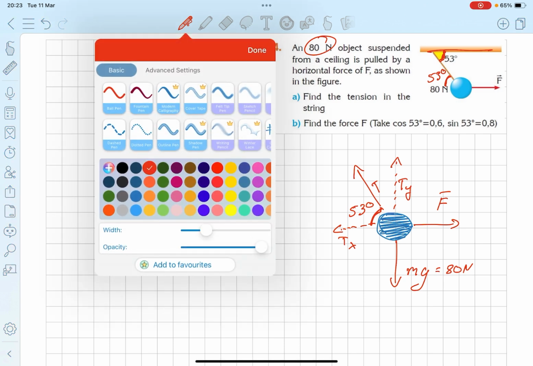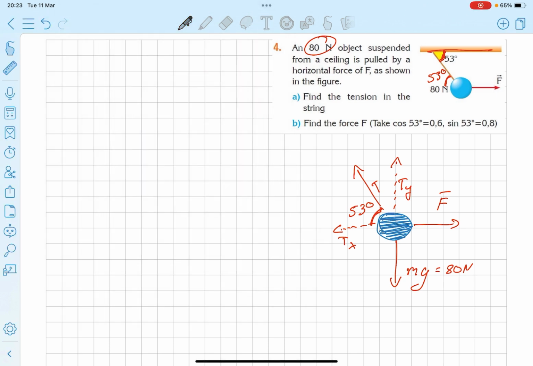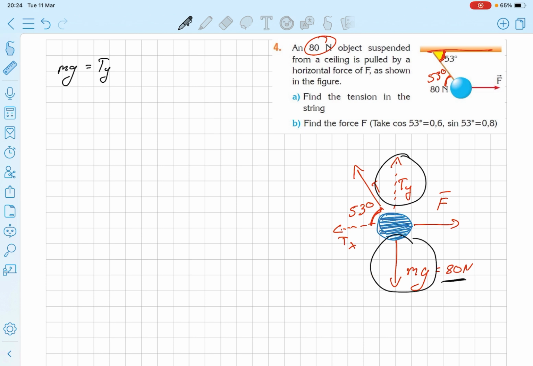So here, if the weight is given, that means mg is equal to tension by Y. These two forces are canceling each other, yeah. So it is equal to 80 newtons. Now we know the tension by Y, and from this we can define the tension, which is equal to tension by Y over sine of 53.